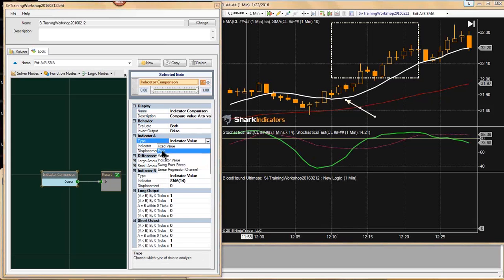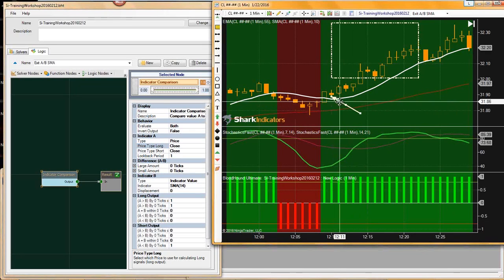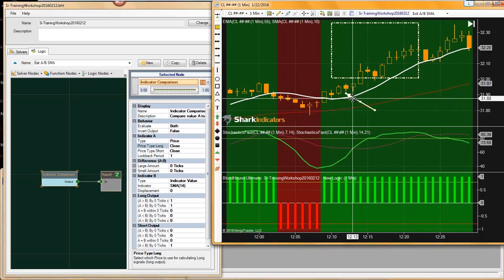So the first thing we're going to put in our comparison solver is price. So indicator A is going to be price. When price is completely above our moving average, we want to exit short trades. Price moved up, and so we want to exit short trades.